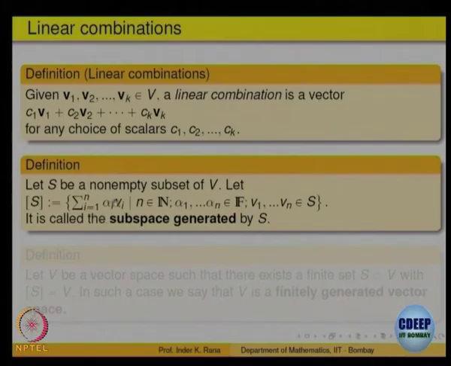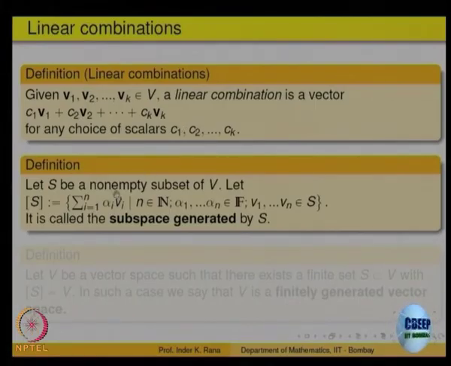This will be a finite linear combination. We are defining only finite linear combinations, because if it is infinite, we do not know how to add them anyway. In a vector space there is no concept of adding an infinite number of them, only a finite number is possible, because you can add again and again up to a finite stage.